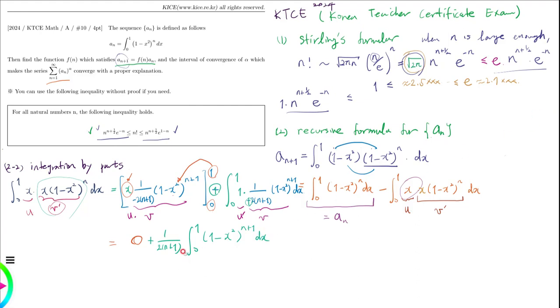As we already know, this integration part is nothing but a sub n plus 1. So by doing integration by parts, we get 1 over 2 times n plus 1 times a sub n plus 1.